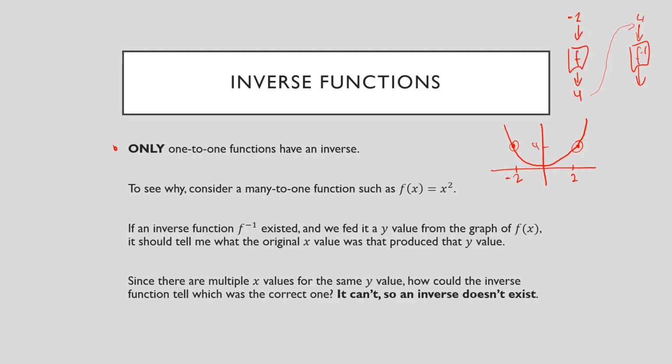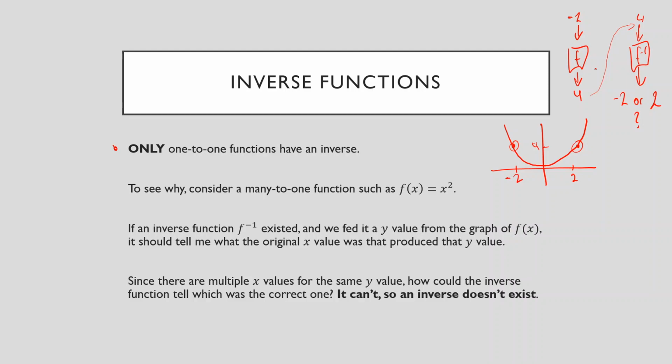Now functions are very simple machines. They take one input, they give you back one output. There's no way for this function to figure out, are you talking about negative 2 or positive 2? So that's why functions have to be one-to-one for an inverse function to exist. An inverse function cannot exist if your function is not one-to-one because there are going to be multiple x values to choose from at the end when you apply your inverse function.